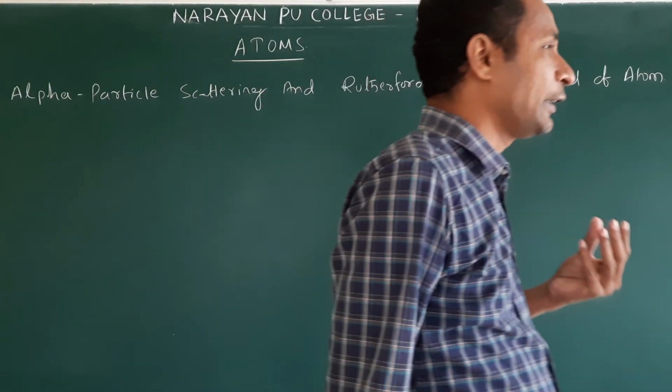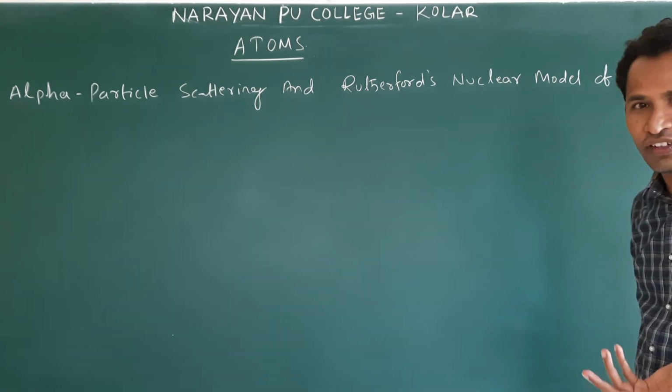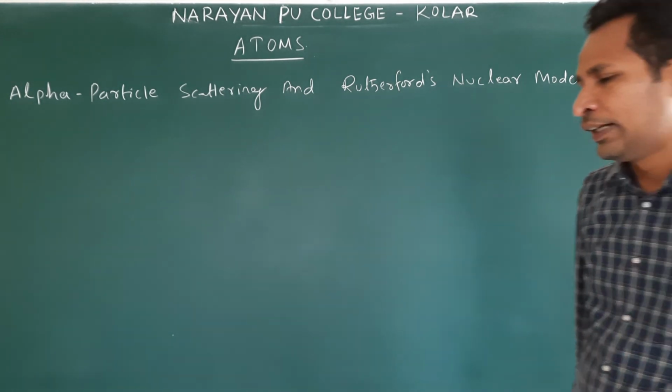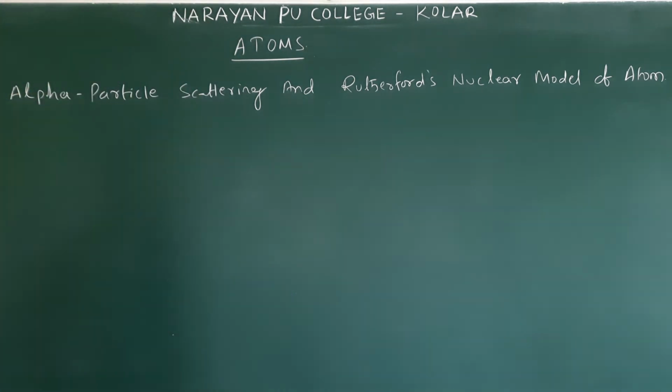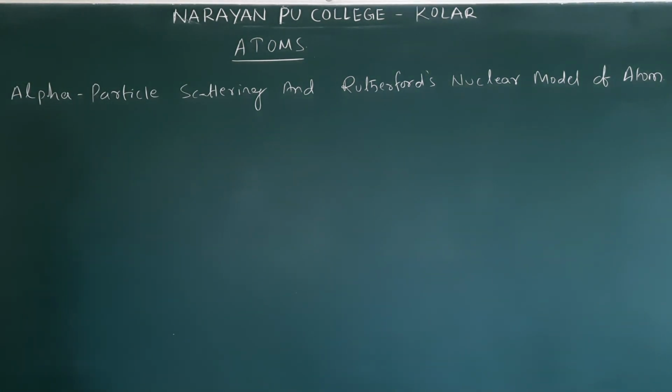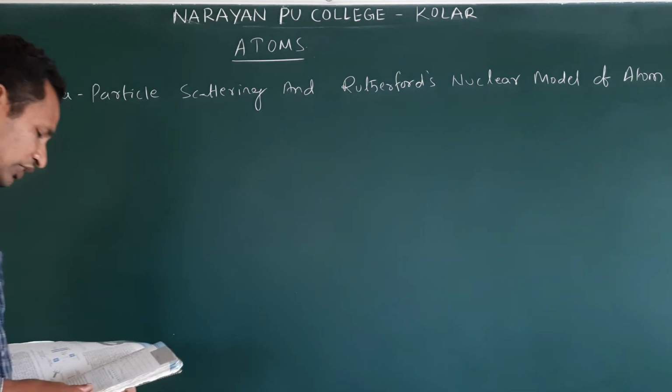They allowed alpha particles to fall on a thin gold foil, and they measured the scattering of alpha particles from the gold foil.